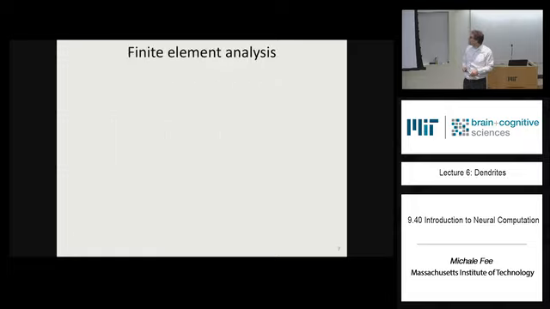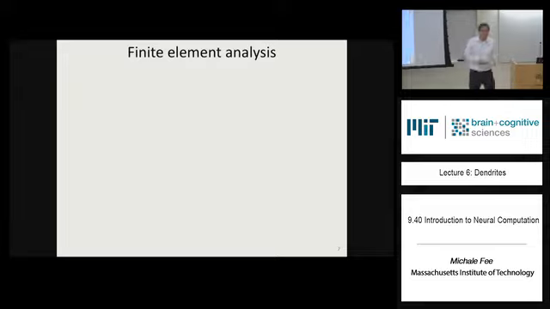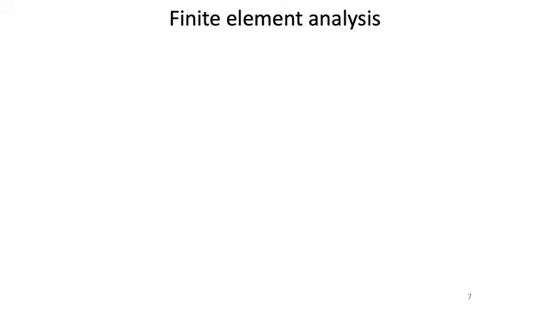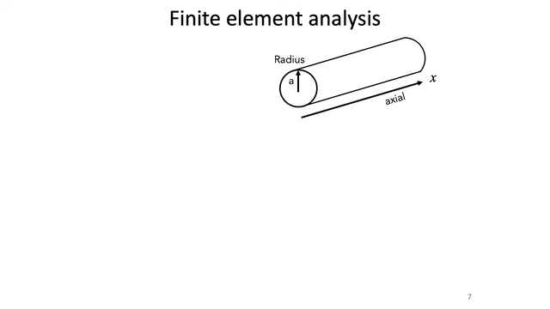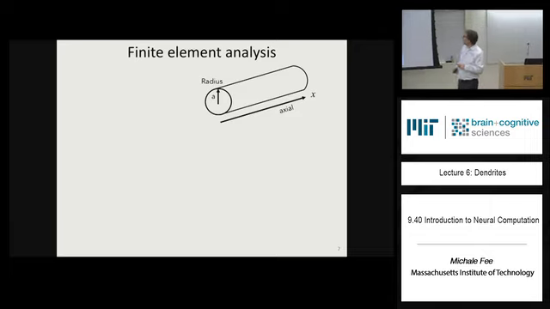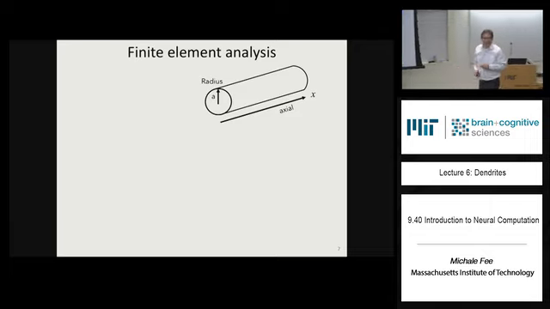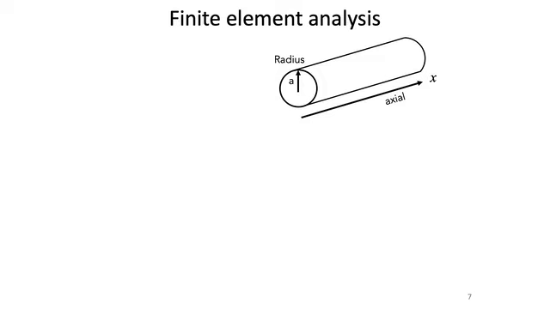Okay. All right, so we're going to analyze a piece of dendrite using a technique called finite element analysis. We're going to approximate our piece of dendrite as a cylinder of constant radius A and an axial dimension that we're going to label X. We're going to break up this cylinder into little slices.